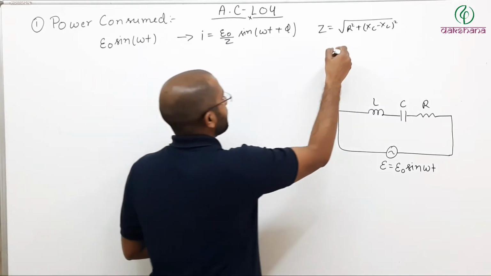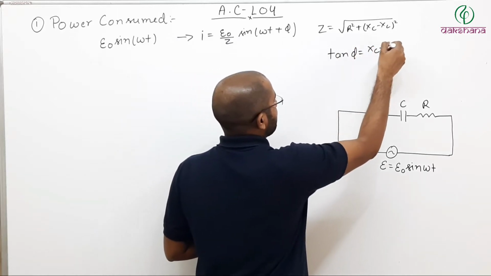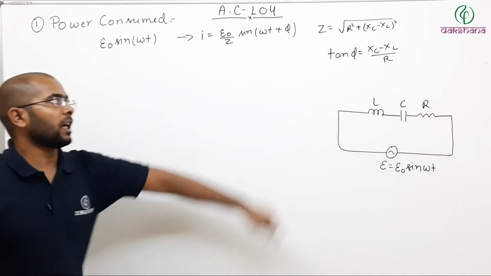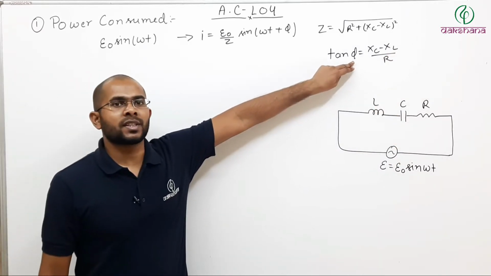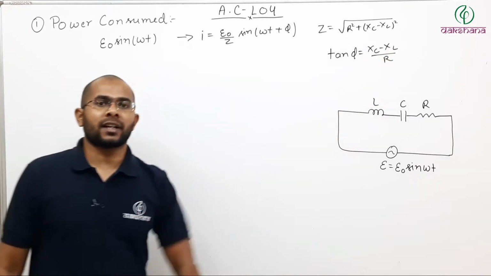And tan phi equals XC minus XL divided by R. We got this when we represented R, XC and XL as vectors.